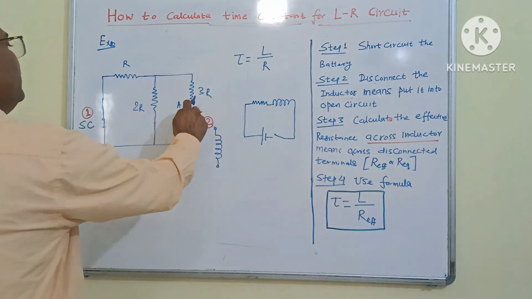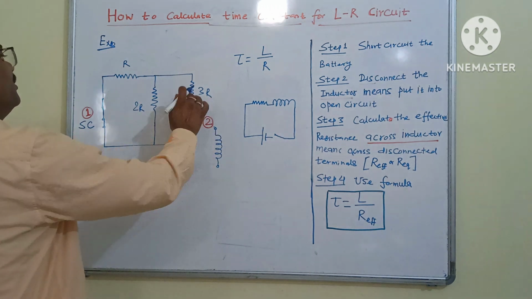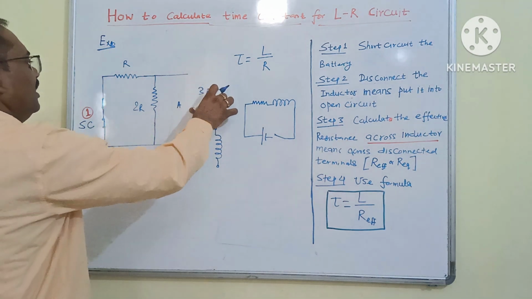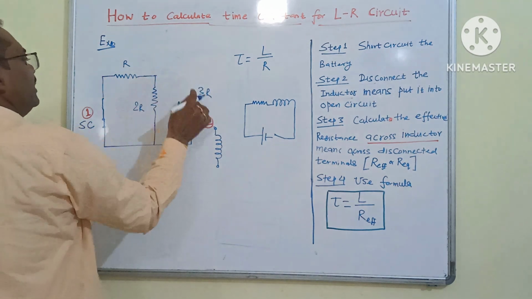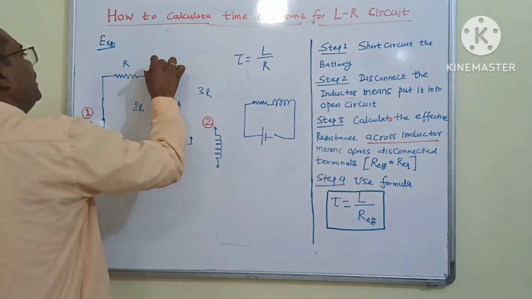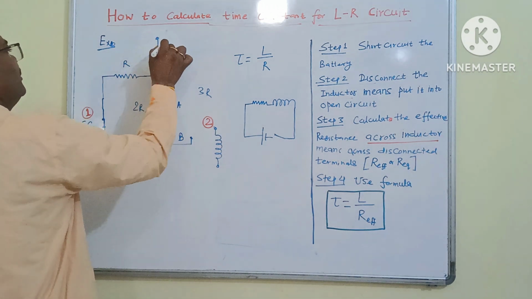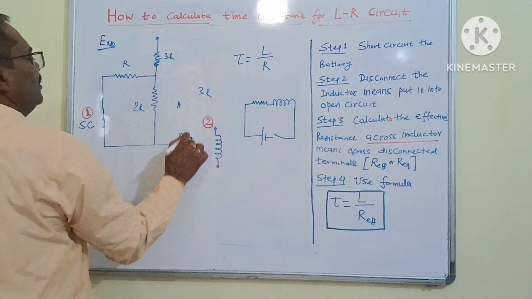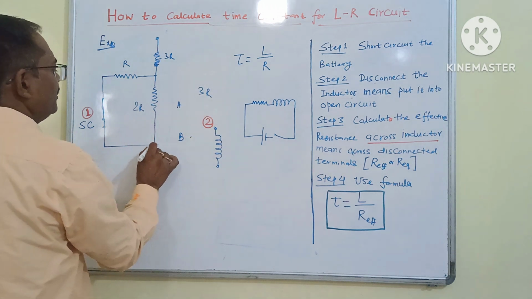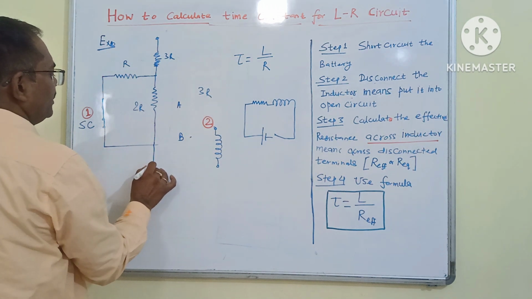How much resistance is offered between these 2 points? I can draw the circuit like that. The 3R resistance can be drawn here, and the B terminal can be shown like this.